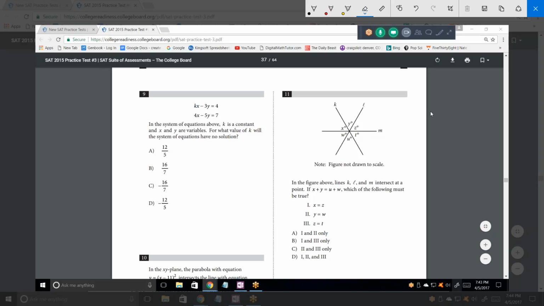So you have vertical angles, but I was looking for side angle side or those things, and I can't see any. I don't think we're going to need it. If y equals u and x plus y equals u plus w, then x has to equal w. And if w equals z, then x has to equal z.